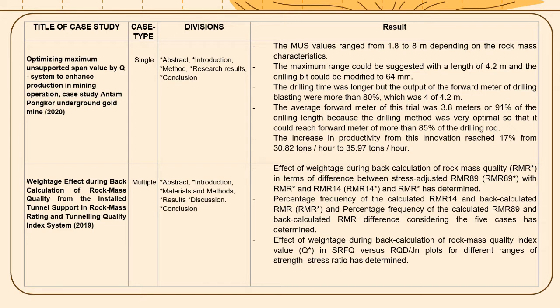For the result, the effect of the weight test during the back calculation of the rock mass quality is determined in terms of the difference between the span adjusted with RMR 89 and RMR 14. Next, it also determined the percentage of frequency of the calculated RMR 14 and RMR 89 considering the 5 cases.